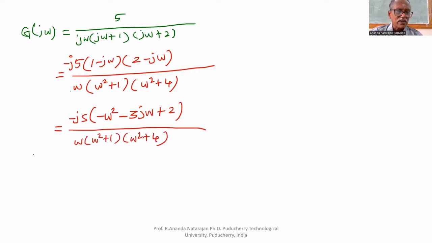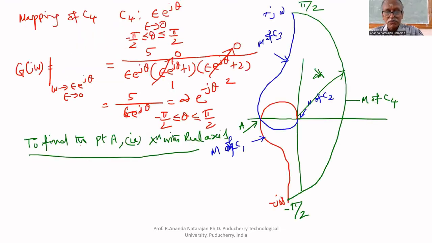Equate the imaginary part to 0 to get the point of intersection with the real axis, because at this point the imaginary part of g of j omega equals 0.